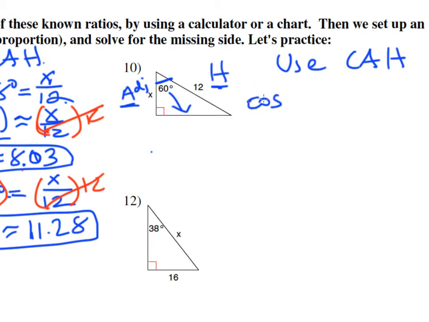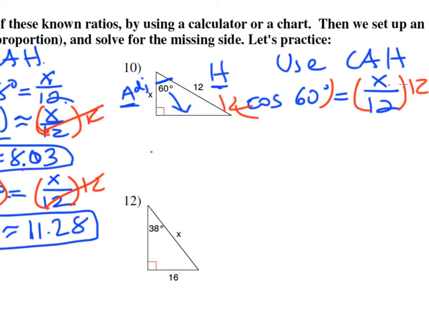Cosine of 60 equals adjacent, A, over hypotenuse, H. Let's multiply by 12 here, just do it in one step. So x equals 12 times cosine of 60.